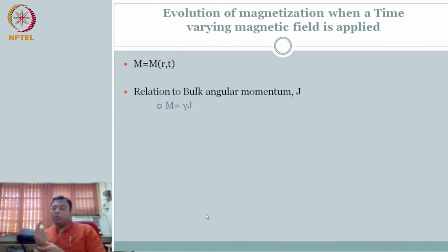You have angular momentum due to individual nuclei, so if you take a volume, you have many of them. So there is a bulk angular momentum, capital J, related to your net magnetization vector, capital M, using M equals gamma J, the same analogy that we had with the microspin: mu equals gamma times the angular momentum of the individual spin. The same thing holds here. We call capital J the bulk angular momentum.